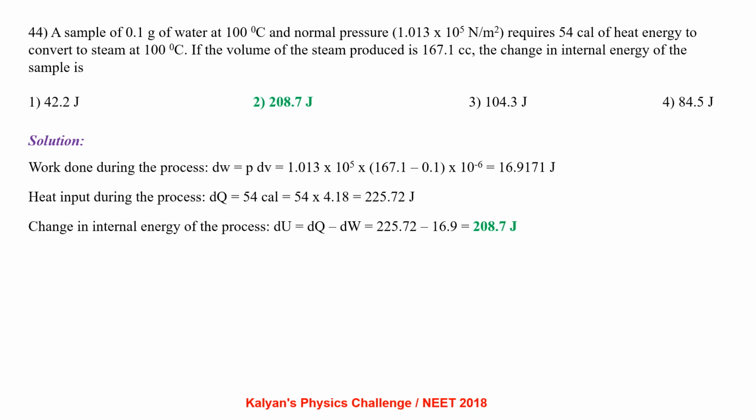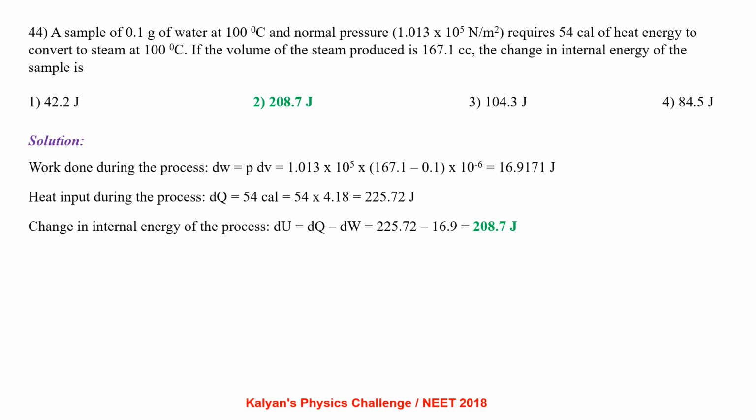Work done during the process dW equal to PdV, that is 1.013 into 10 power 5 into change in volume 167.1 minus 0.1 into 10 power minus 6, converted into meter cube. So that comes out to be 16.9171 joule. Heat input during the process dq equal to 54 calorie, converting into joule, 1 calorie equal to 4.18 joule.